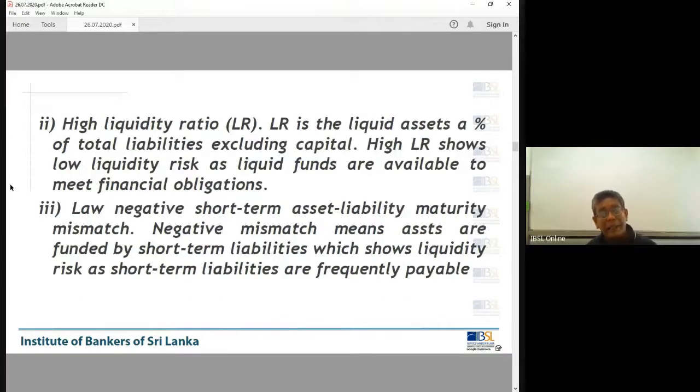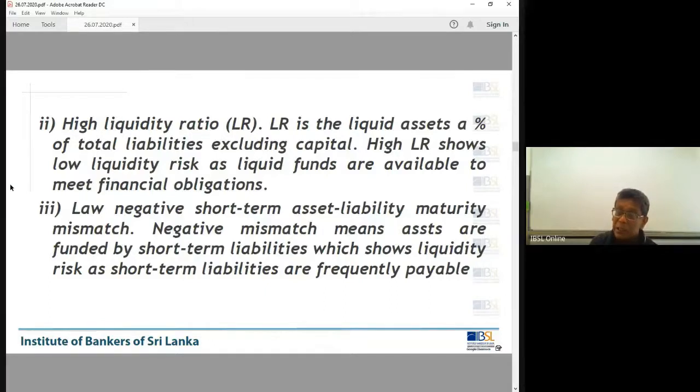Then you look at the liquidity ratio. That means liquid assets as a percentage of total liabilities, excluding capital. That means what is the amount of liquid assets you are going to keep. Now, according to the central bank directions, what is the percentage you need to maintain in your bank?